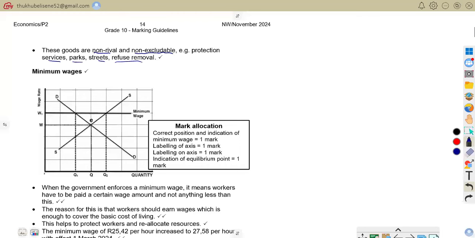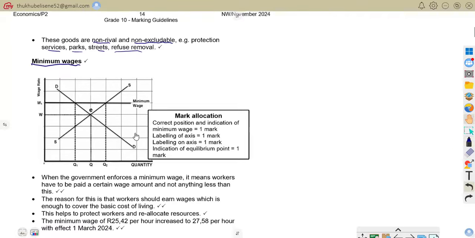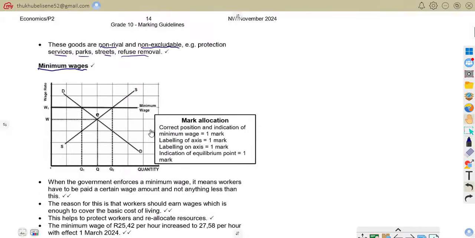So now we are on minimum wage. As you can see, we have a graph, and we can give an explanation of this graph. The vertical axis shows the wage rate.